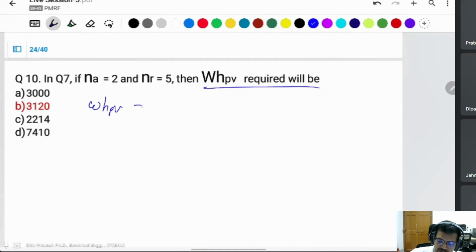What is our requirement? We know the watt hour in day plus watt hour in night, where battery efficiency.